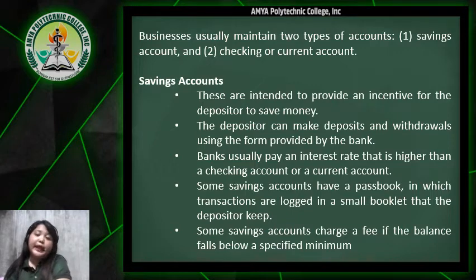Banks usually pay an interest rate that is higher than a checking or current account. Some savings accounts have a passbook, in which transactions are logged in a small booklet that the depositor keeps. Some savings accounts charge a fee if the balance falls below a specified minimum.